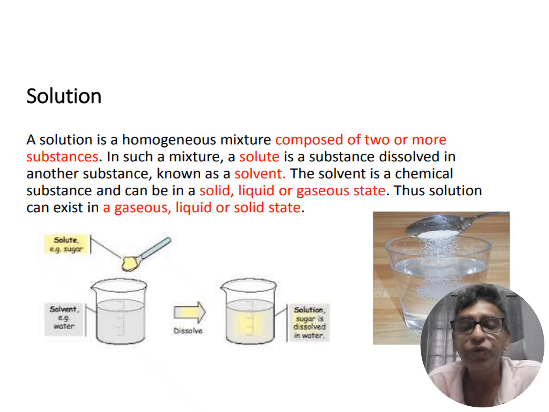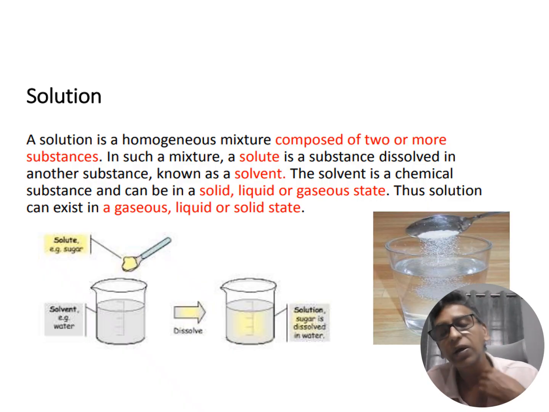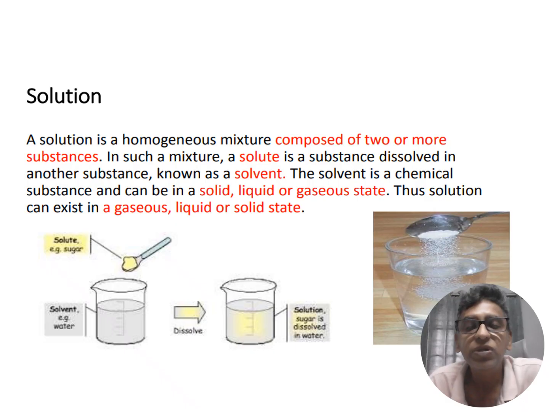For example, if you immerse simple salt or sugar in water, the water is termed the solvent, whereas the salt or sugar is termed the solute. Whenever you mix, you get the solution.